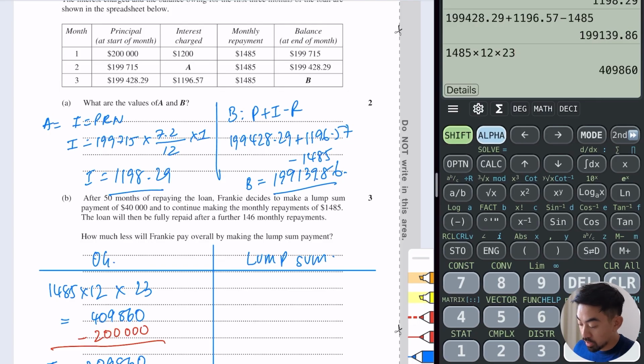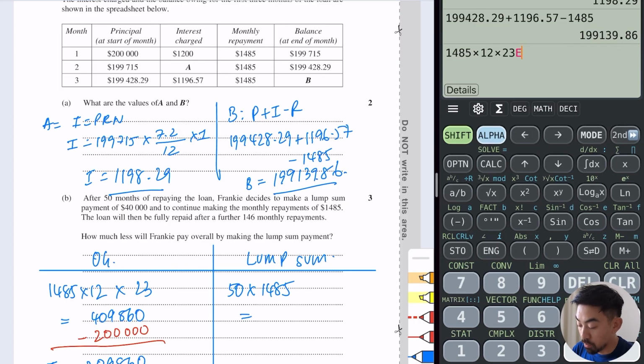Okay, so for the lump sum one, it says after 50 months of repaying the loan. Okay, so let's start with that. So 50 times 1485. So 50 months, she's repaying the loan, and then Frankie decides to make a lump sum of $40,000 and continues making monthly repayments of $1,485.